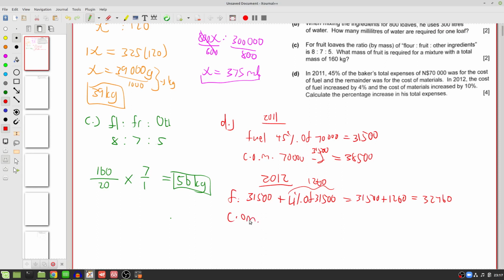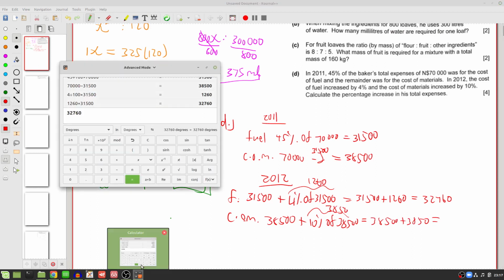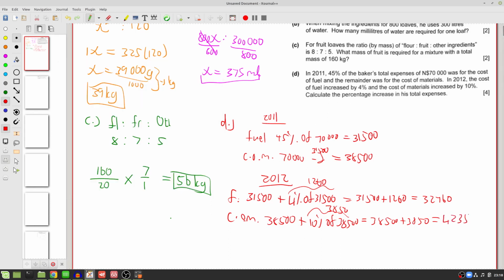Now the cost of materials in 2012, we'll do the same thing. We had 38,500, and how much did that increase by? By 10%, right? So we add 10% of the 38,500 to that. 10% of 38,500 is 3,850. So 38,500 plus 3,850 is 42,350.